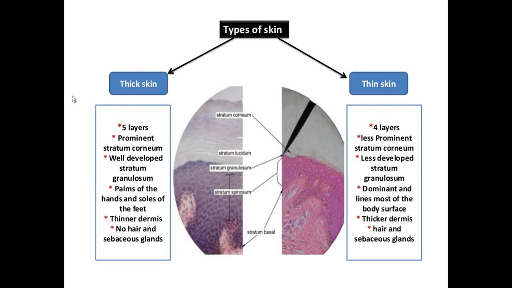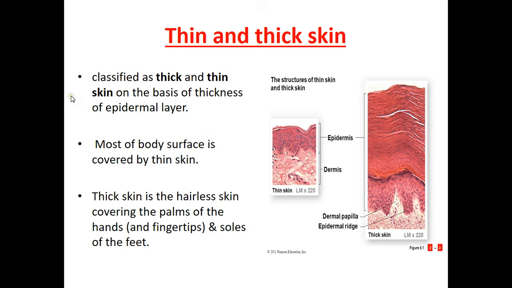Now thin skin has 4 layers which are less prominent: a stratum corneum and a less developed stratum granulosum. It is dominant and lines most of the body surface. The dermis is thicker. Hair and sebaceous glands are present in this layer.